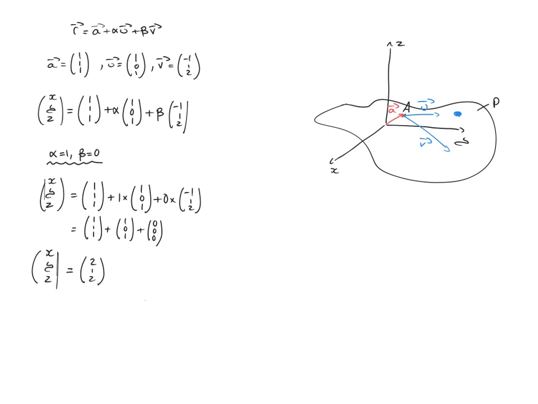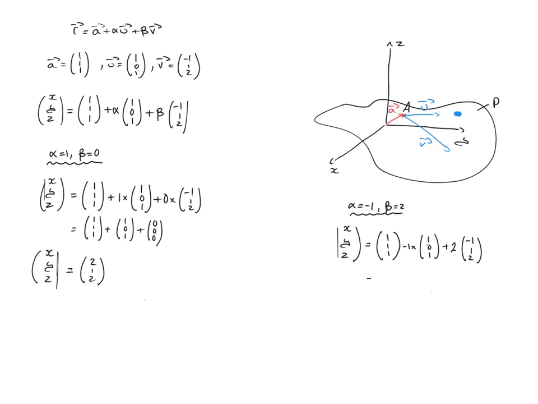Let's say alpha is equal to negative 1 and beta is equal to 2. Then in this case, our vector equation would point towards the following. x, y, z equals 1, 1, 1 minus 1 times 1, 0, 1 plus 2 times negative 1, 1, 2.